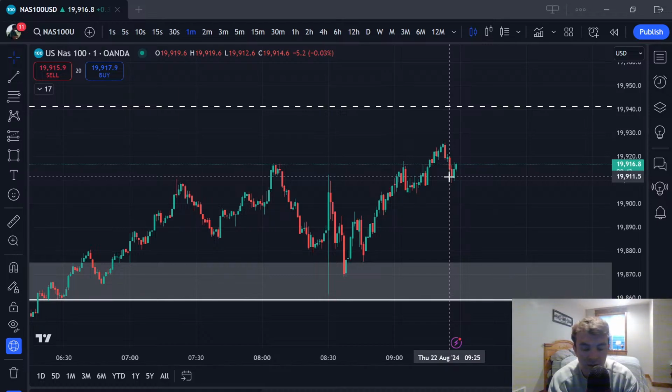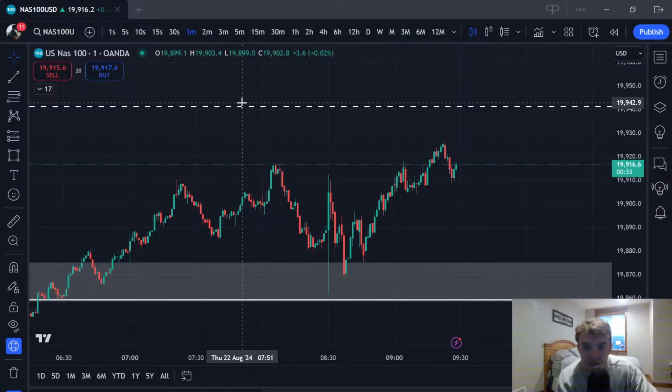We want it to have a strong liquidity sweep and then a strong drawn liquidity. And if we have both of those things, then we'll enter a trade. For instance, this would have been great.